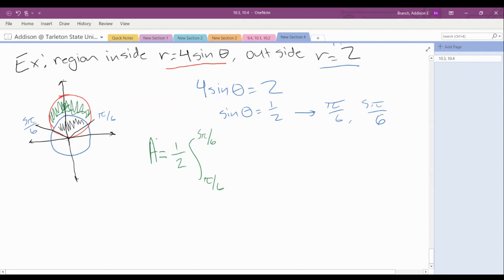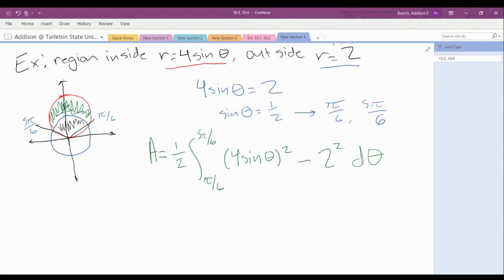And we want to take our bigger one, which is going to be our 4 sine of theta, and we're going to square that, minus the section from that little piece of our smaller one. So r equals 2, d theta. And that is going to be the setup from this point.